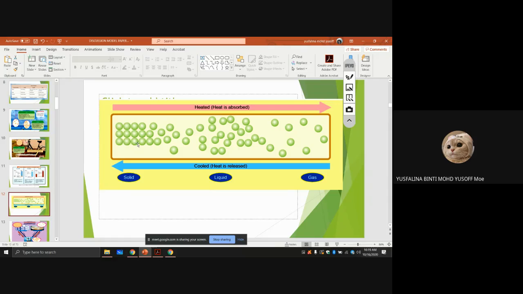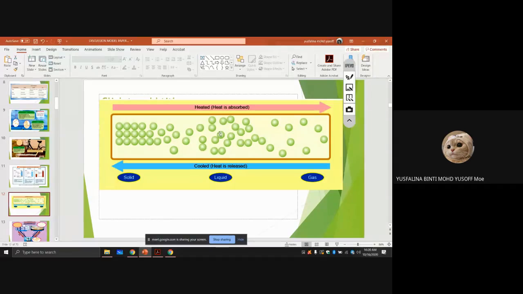Ice is a solid state, so when it is heated, it will become liquid. So from solid to liquid, since you have to heat the ice, it means the heat is absorbed. So from ice to water, heat is absorbed.